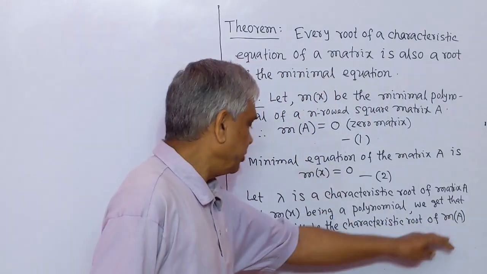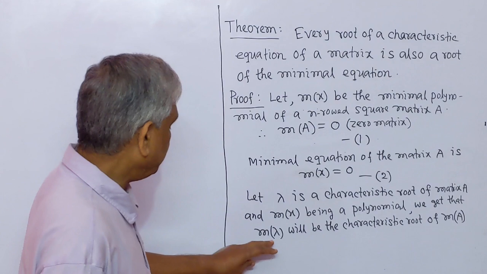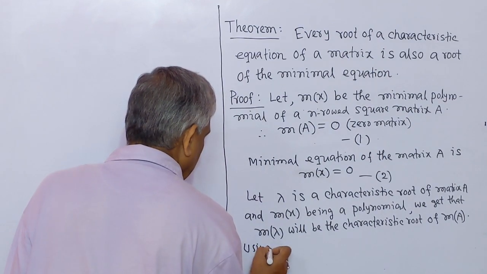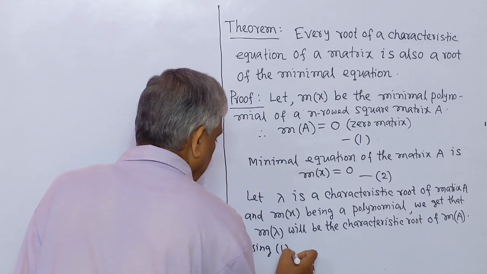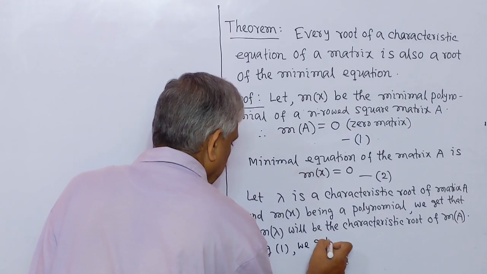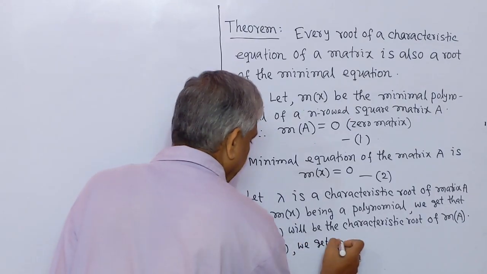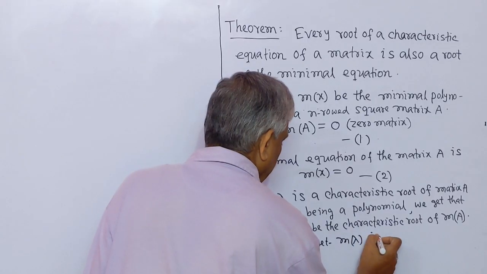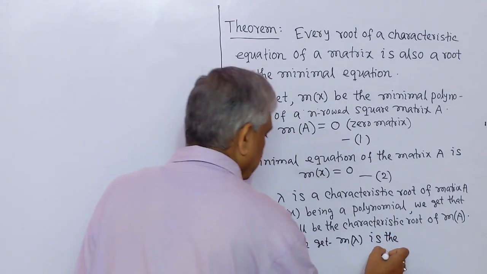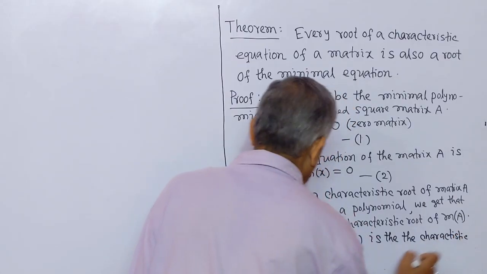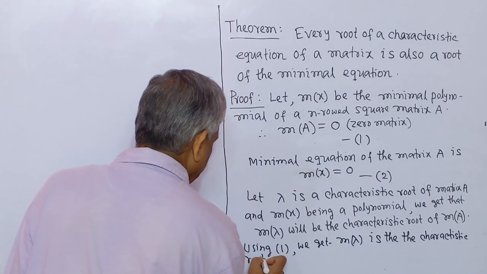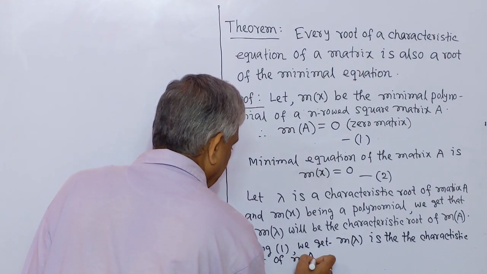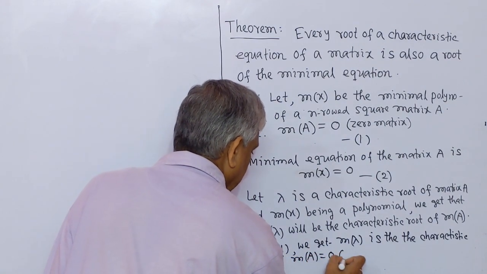This is matrix polynomial and this is polynomial in the variable lambda. Using 1, we get m(lambda) is the characteristic root of m(A) equal to 0 matrix.